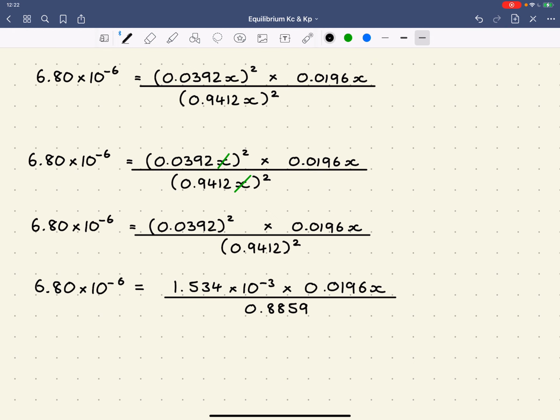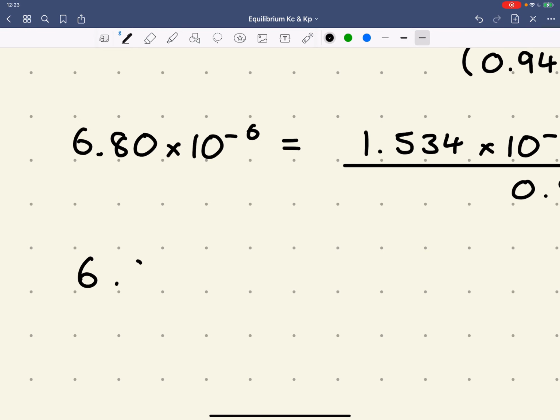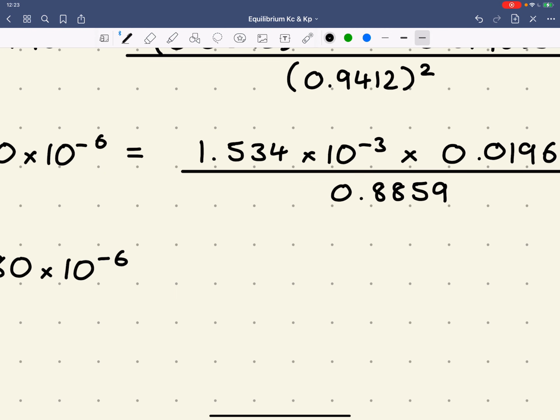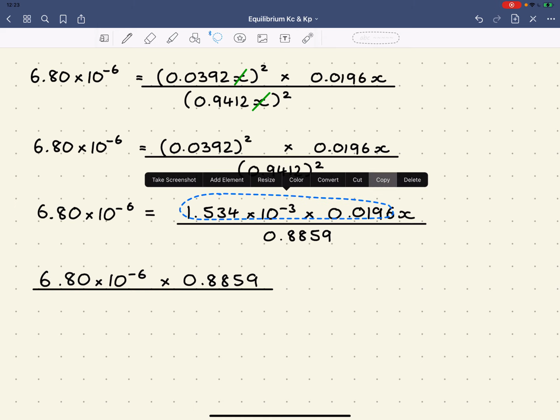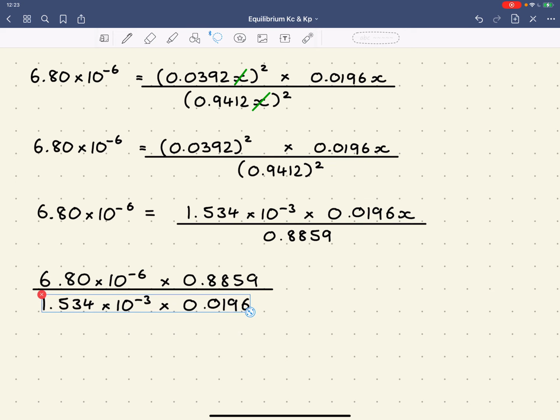And then we need to solve that for x. So if I want x on its own, this will come up there, and these numbers here will go down below. So what we end up with is 6.80 times 10 to the minus 6, multiplied by 0.8859, divided by all these numbers down here.